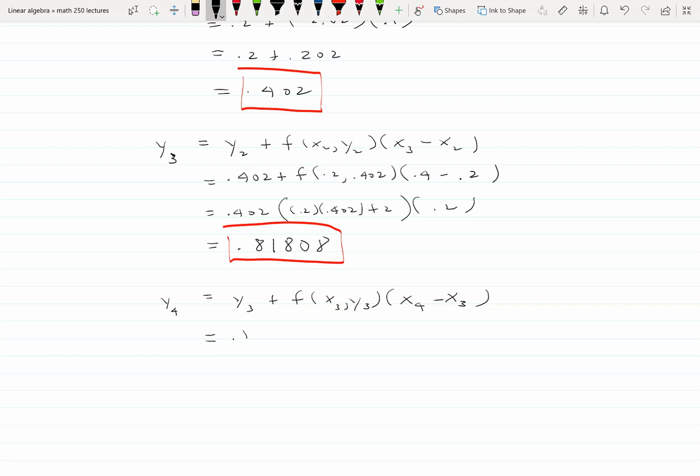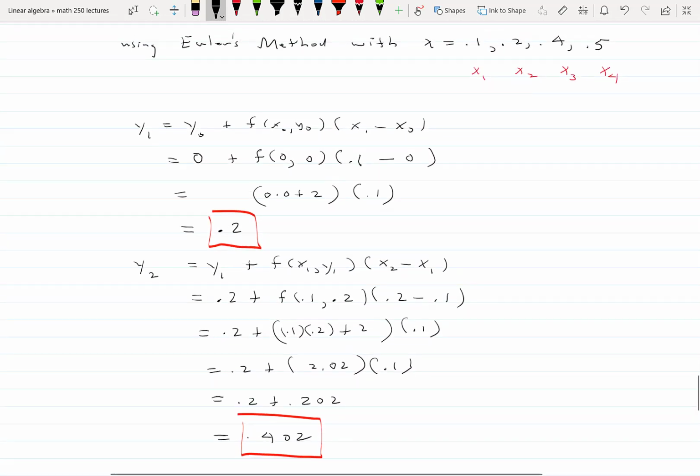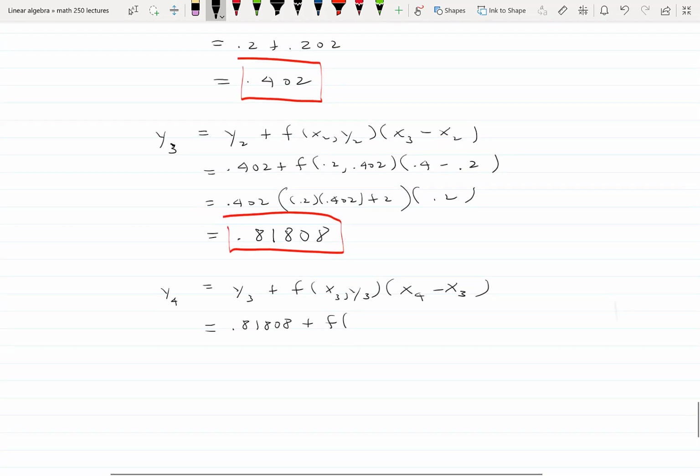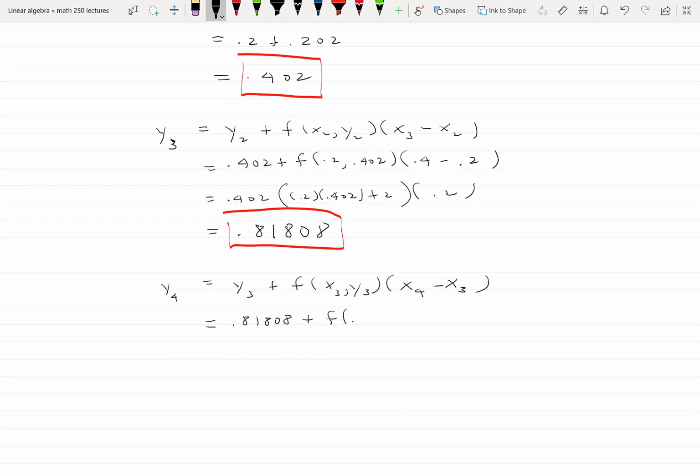So we have 3.81808 plus f of x3 (0.4), y3 (3.81808), times x4 minus x3. 0.5 was x4, I believe, minus 0.4.